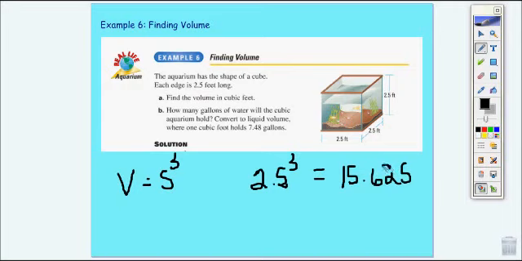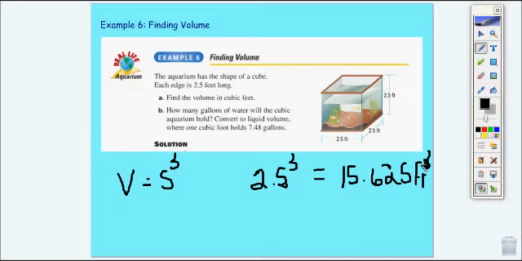That was 2.5 times 2.5 times 2.5. Okay, so the volume is going to be 15.625, and that's in cubic feet. 15.625 cubic feet.